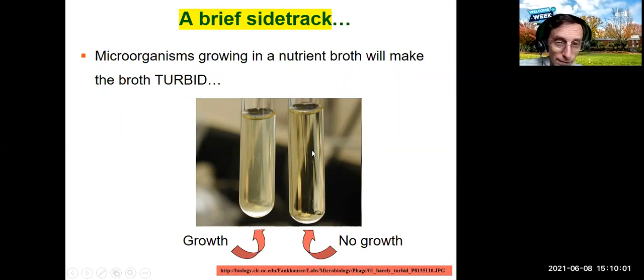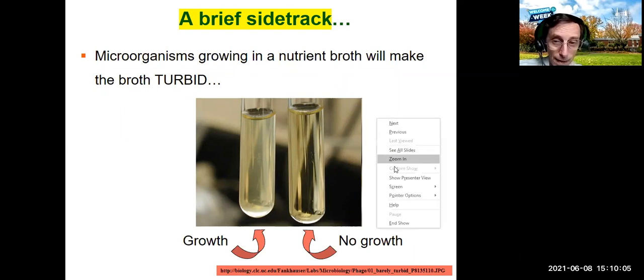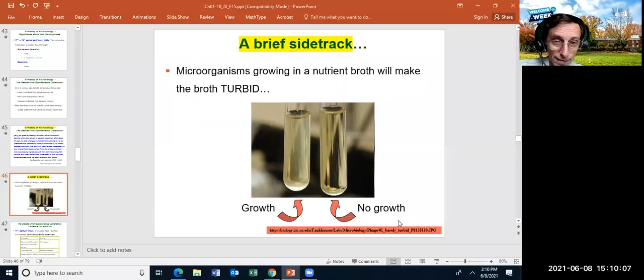And generally they weren't sterilizing the media initially when they first did this. So of course the media became cloudy because microbes are in the tube, they'll grow and make the tube turbid, and that shows growth.